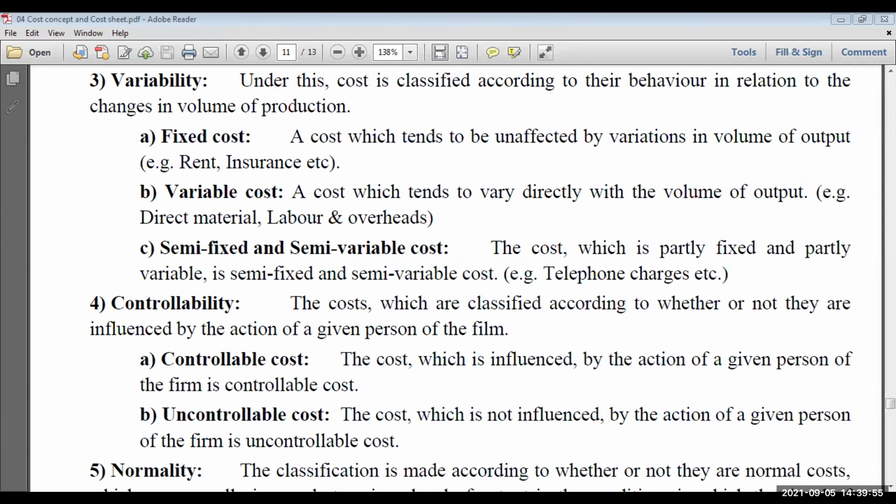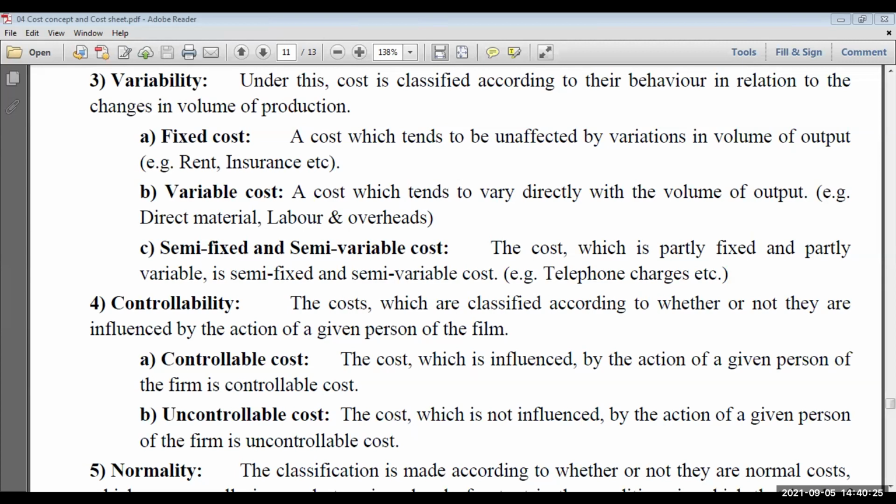But variable cost per unit remains constant. Suppose in the same example, I am producing 1 lakh units of notebook. How much do I have to spend in total for paper? 5 lakhs. Even if I produce 5 lakh units of notebook, what is the paper cost per notebook? 5 lakhs divided by 1 lakh, that is equal to 5 rupees.